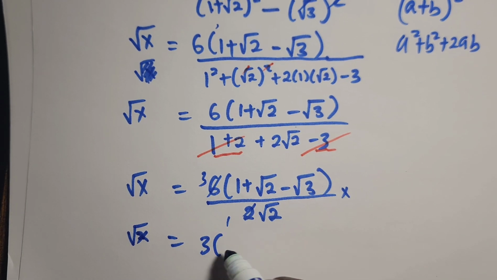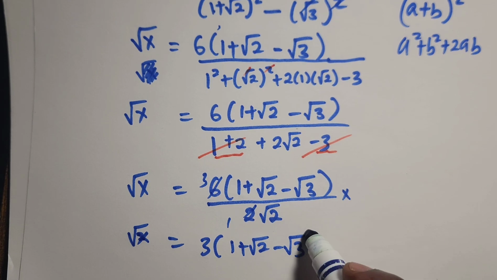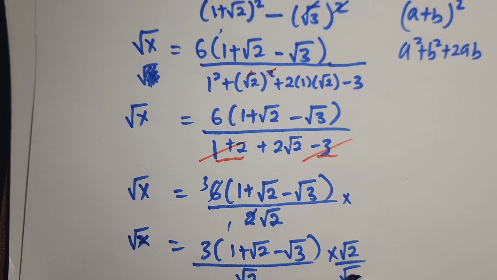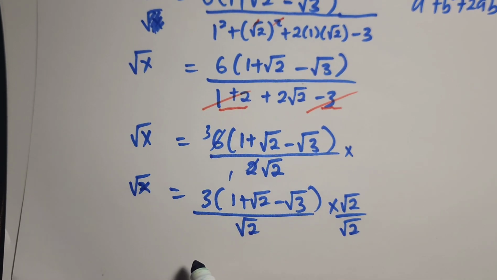as 3 in parentheses 1 plus the square root of 2 minus the square root of 3 divided by the square root of 2. So rationalizing so that we can get rid of the square root in the denominator.